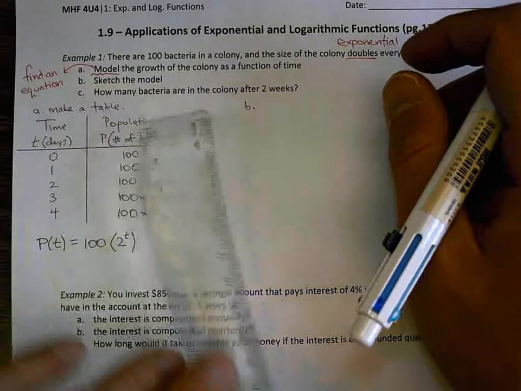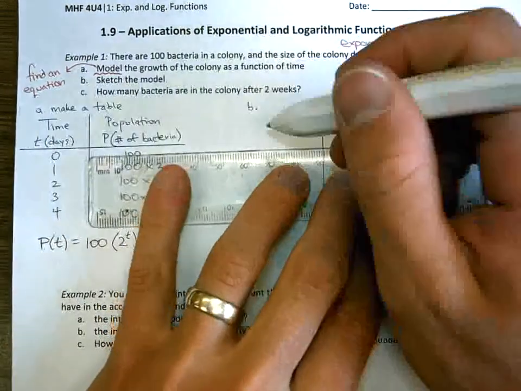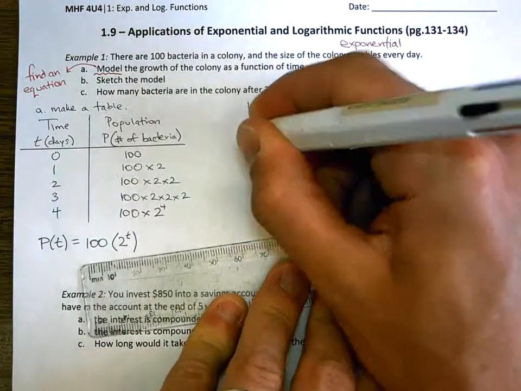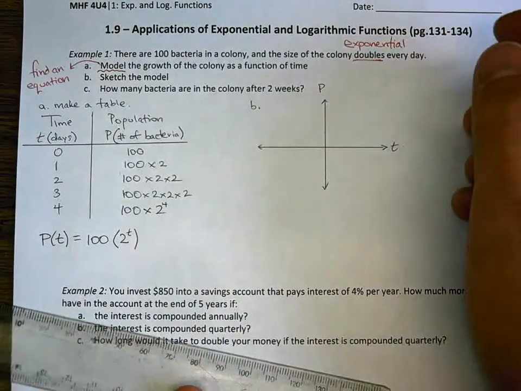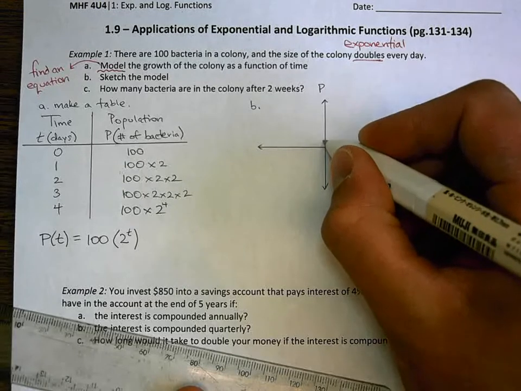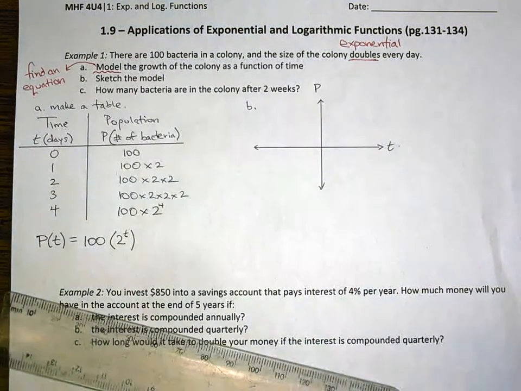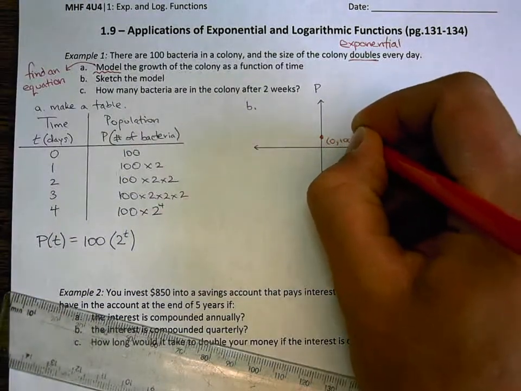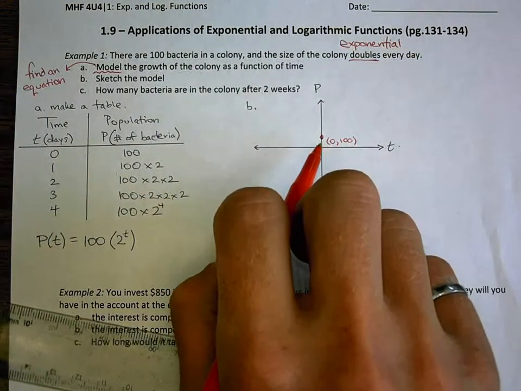But as we know from graphing transformations, it doesn't make a huge difference because the exponential graph, so this is P, and this is T. Usually the graph goes through 0, 1, but in this case we've stretched it vertically by 100, so it's going to go through 0, 100. I mean, you technically knew that from your table too, right? You could have just used your table to find that intercept.